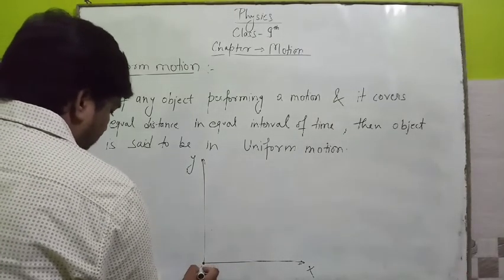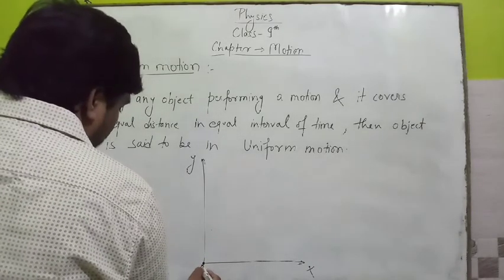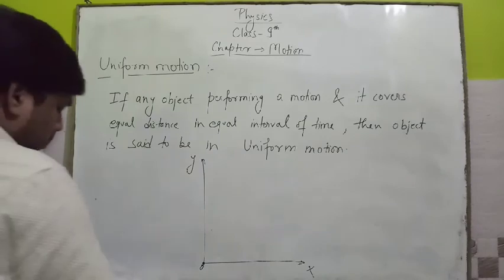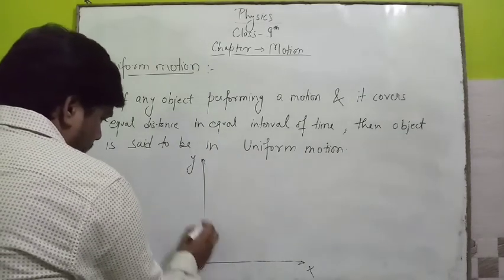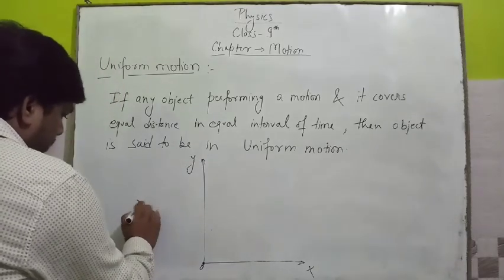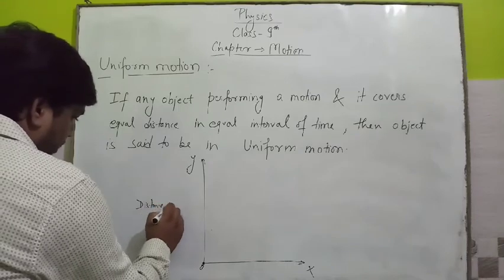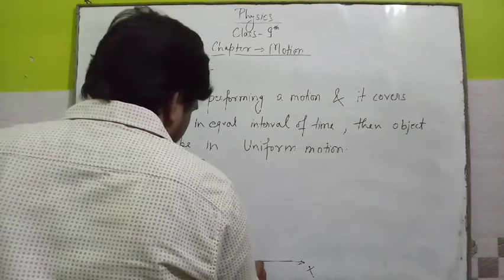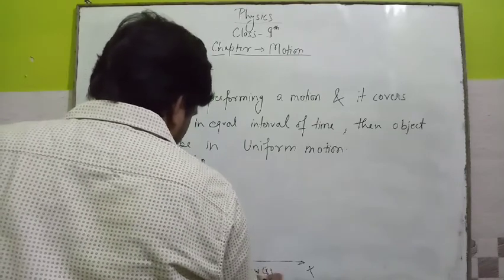This is the origin point, represented by O or 0. Now we can write here: this is the distance axis in meters and this is the time axis in seconds. Clear?